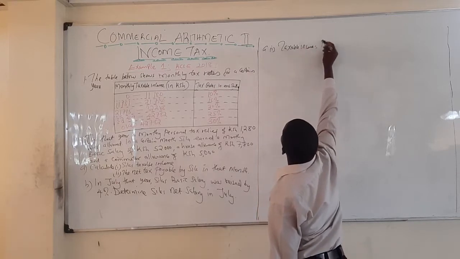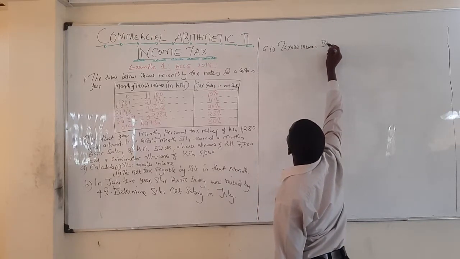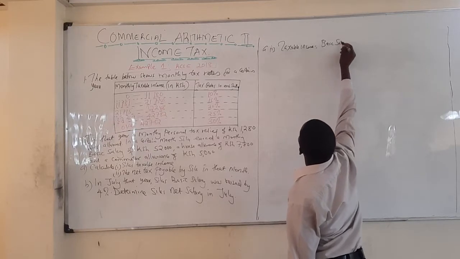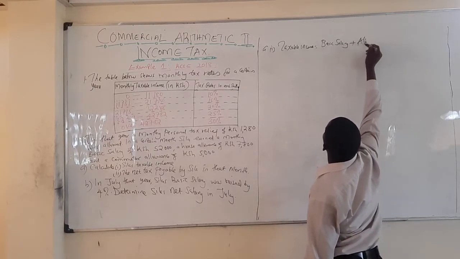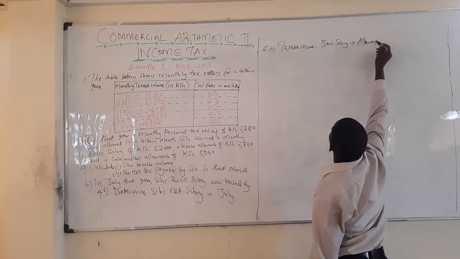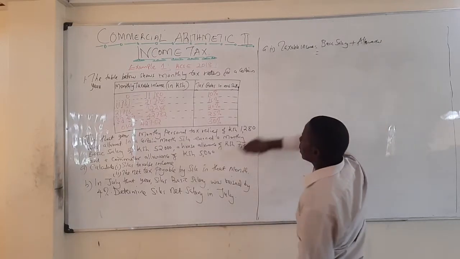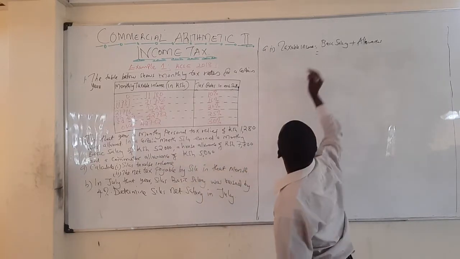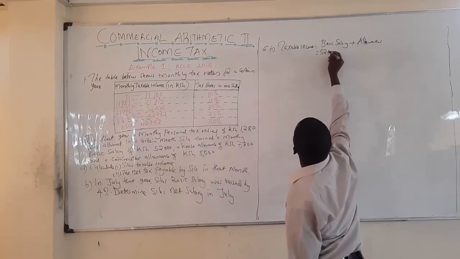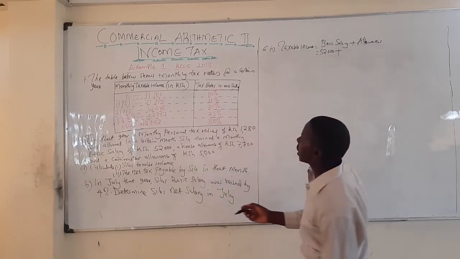This is given by the basic salary plus allowances, and in this case the basic salary we have is 52,000 plus allowances.